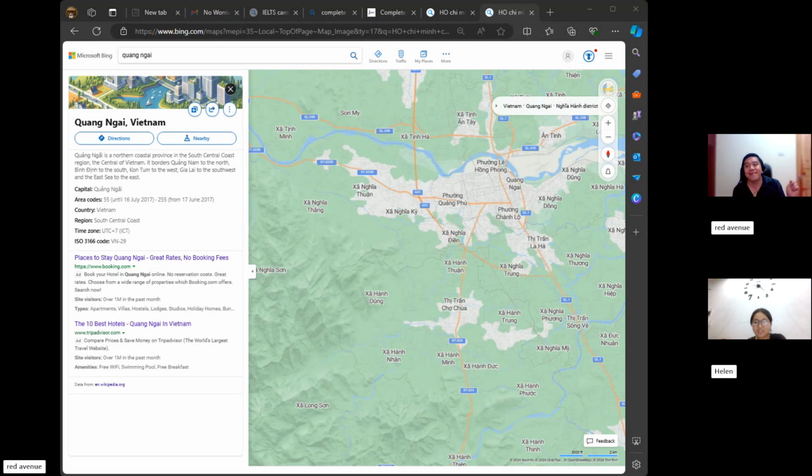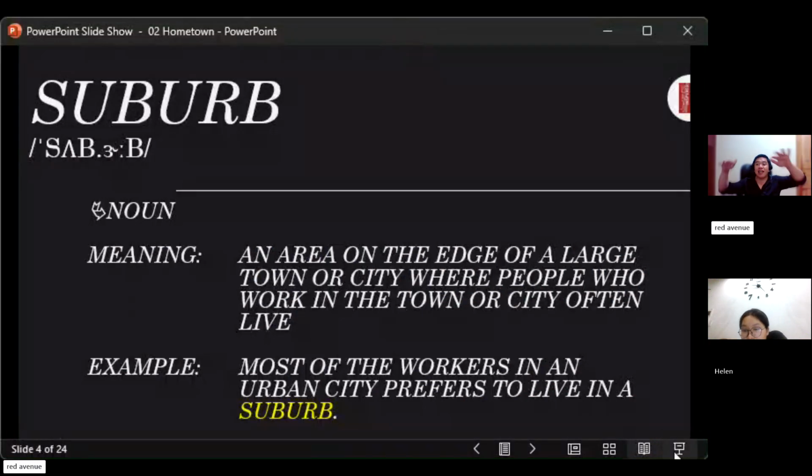Clear? So probably around your city there are a lot of suburban areas, right? Yes, usually there are a lot, in the northern, southern, western and eastern parts. Most likely they are suburbs, all of them. When you have your rural area, this is countryside.